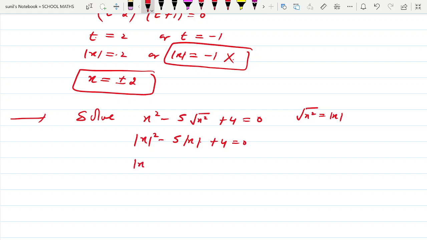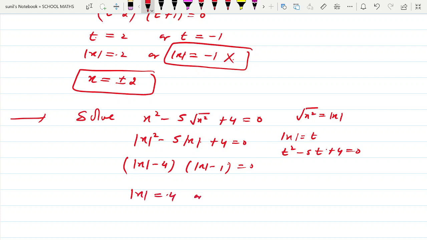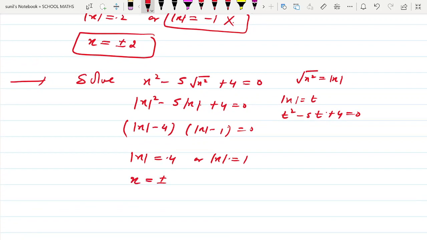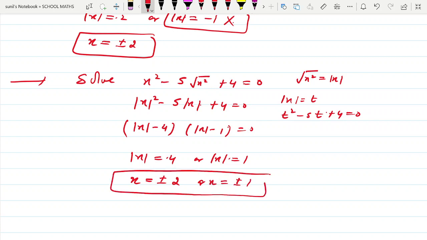Certainly its factors are mod x minus 4 into mod x minus 1. Or you can use a symbol t, since it is quadratic in mod x, I can write mod x equals t, so it will become a quadratic in t. So you can simplify this. So we have either mod x equals 4 or mod x equals 1. So can we write this as x equals plus minus 4 or x equals plus minus 1? So we have 4 solutions of this equation, guys.